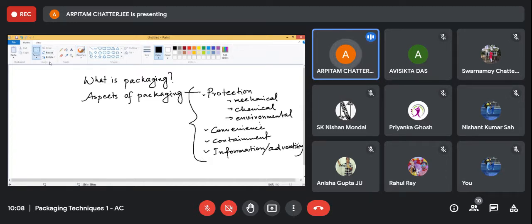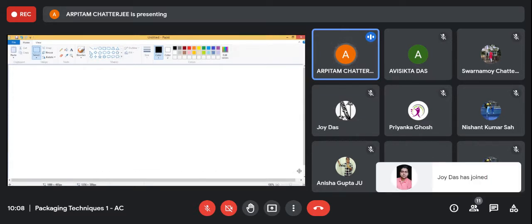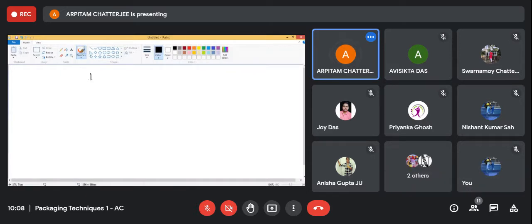Today we will start with a topic called levels of packaging. Levels of packaging means that in many cases a packaged product has different levels of packaging.